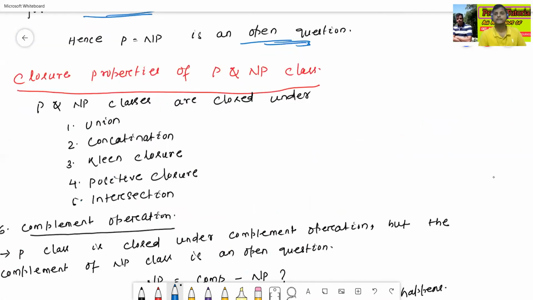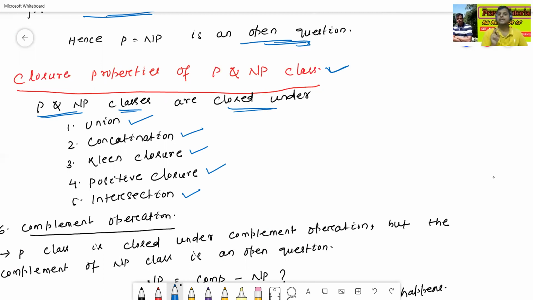Now we'll see the very important closure properties of the P and NP classes. P and NP classes are closed under union operation, concatenation operation, intersection operation, Kleene closure operation, and positive closure operation.